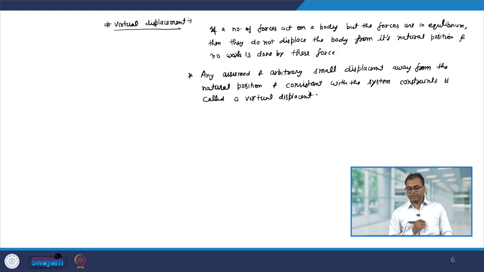The important point is the displacement that you are assuming should be consistent with the constraint that is imposed on the system. Let us look at the example.